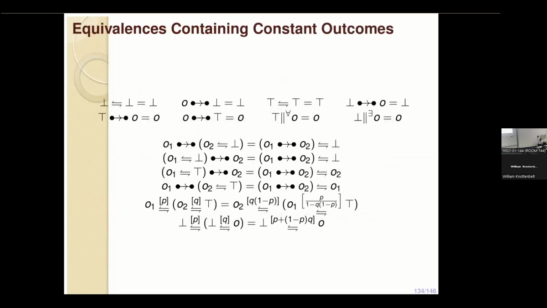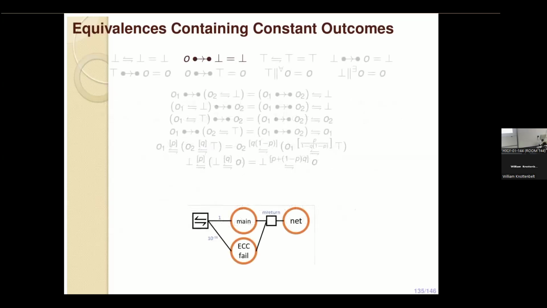Now, there is a set of equivalences that we have proved in our paper. Here is a selection of them. In the cache example, we saw this one, which says that an outcome followed by total failure is like total failure itself.